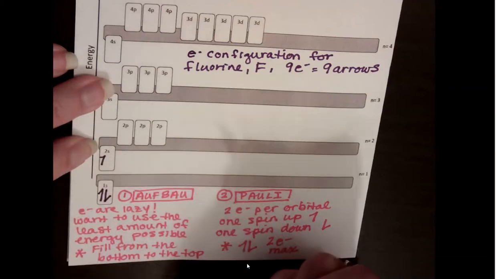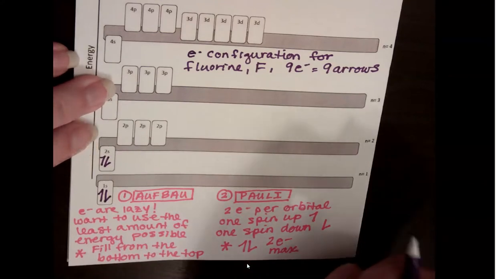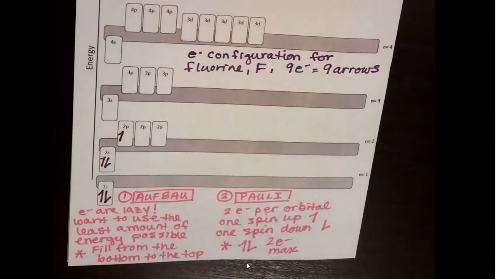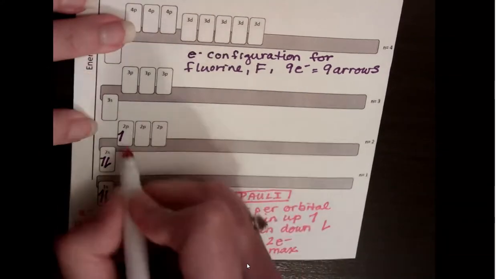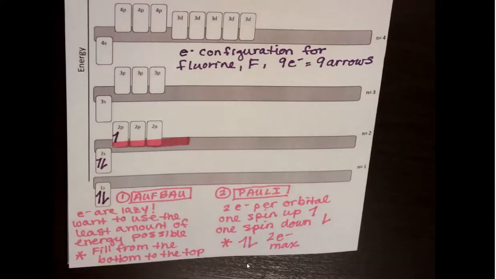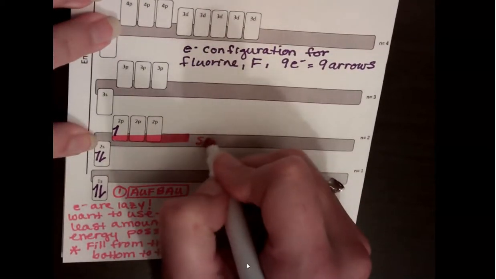Here's electron 3 and 4. And now up here is electron 5. And we're going to pause and take a look at this because this is where our third rule comes into play. If you look right there, all of those 3 orbitals are at the same energy.